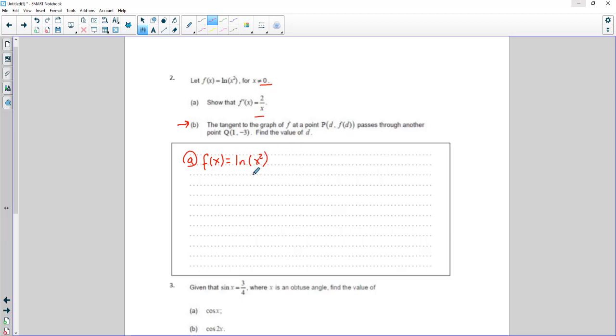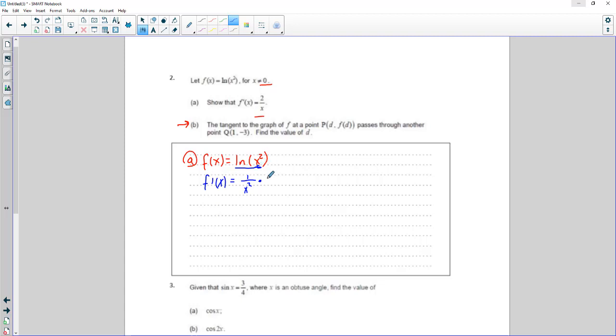In this particular case, what I'm going to do is a chain rule. The chain rule tells me that we take the derivative of the natural log, which we know is 1 over x, but instead of putting x, we put whatever's inside on the bottom, which is x squared. Then we multiply by the derivative of the inside, by chain rule.